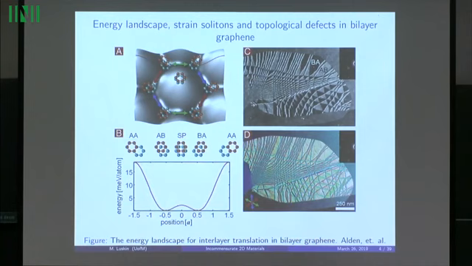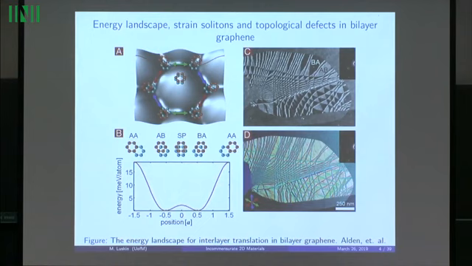When one layer is sitting right on top of another, that should be the highest energy stacking, because the atoms don't want to sit right on top of each other, because then they have electrostatic repulsion.